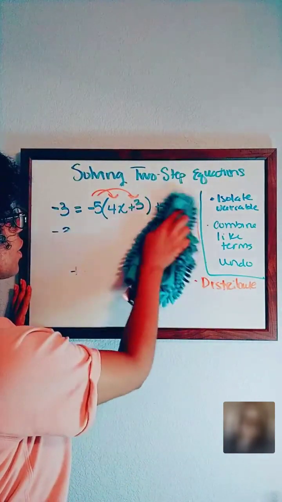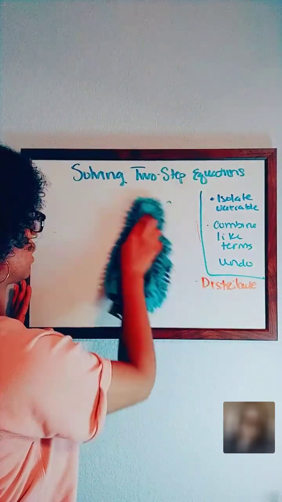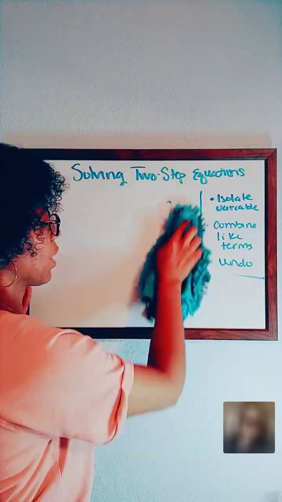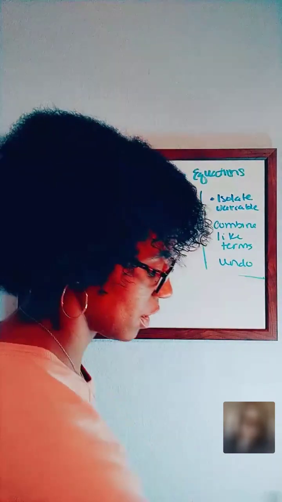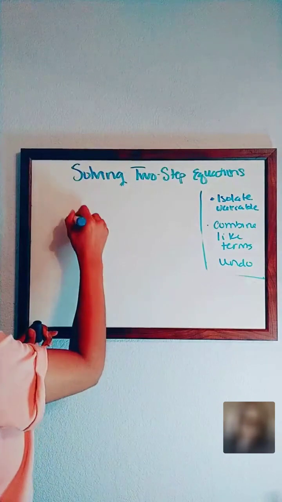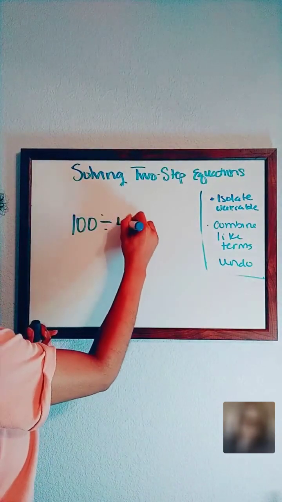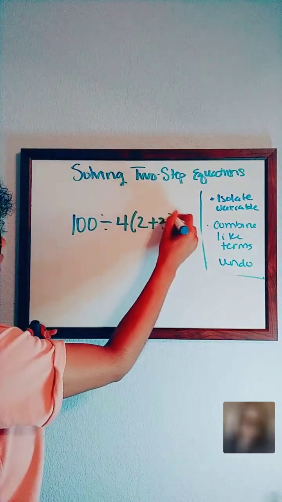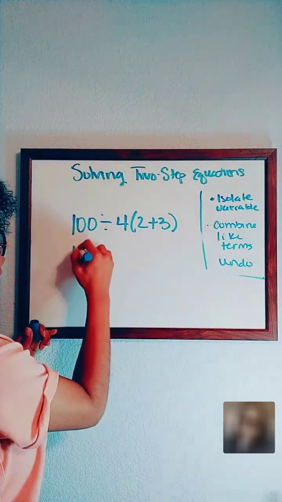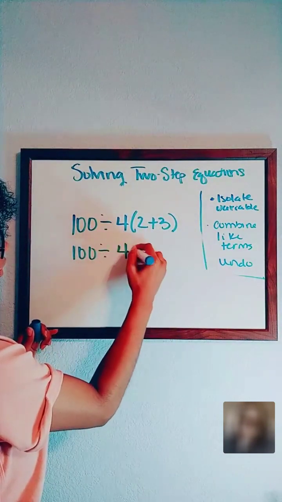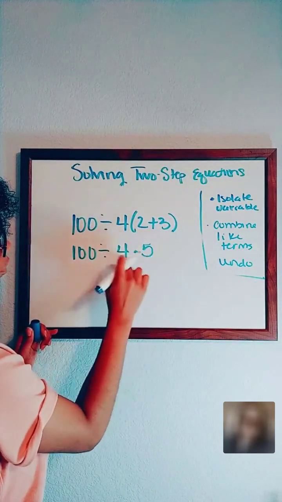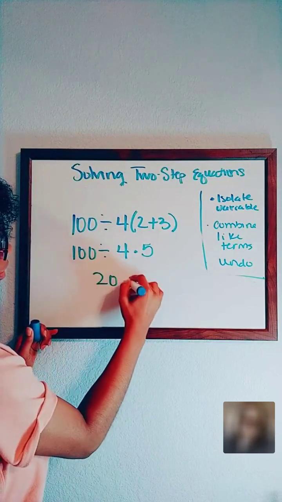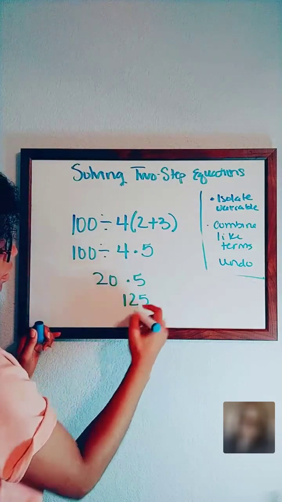Was that you that got on here? Okay, y'all, we got that problem right. Why are you saying that we removed the parentheses? So we did 100. Because it's 4 times 5. That's it.